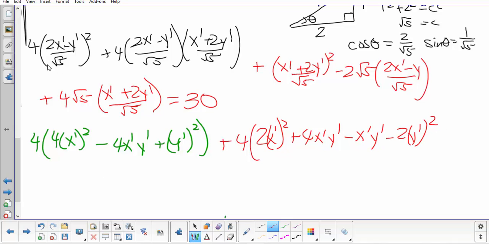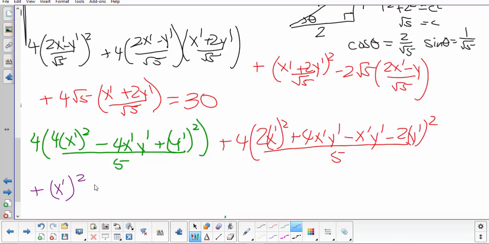And now, since we squared these, this denominator is now 5, and the same thing for the first one. Our next term is squaring x prime plus 2y prime, so it'll be plus x prime squared plus 4x prime y prime plus 4y prime squared over 5.